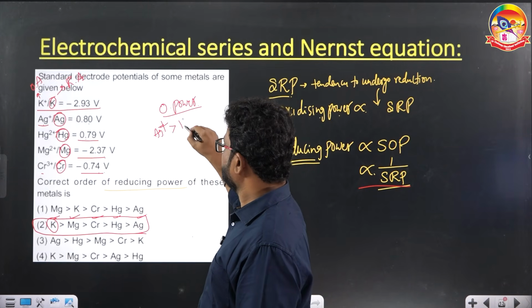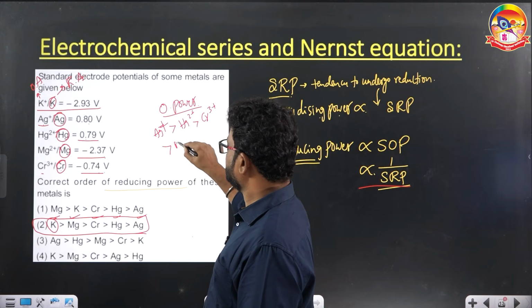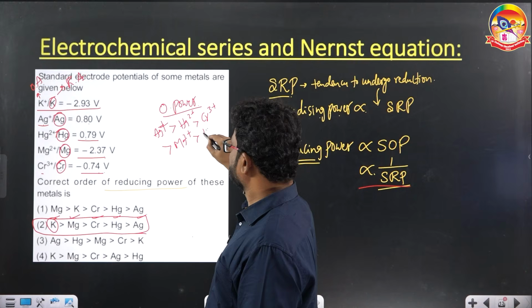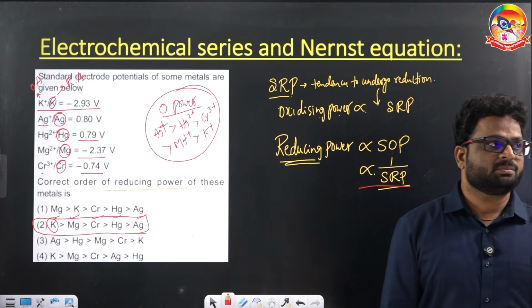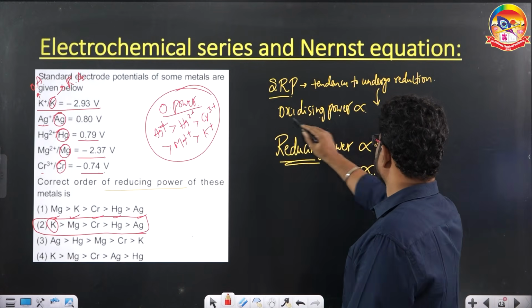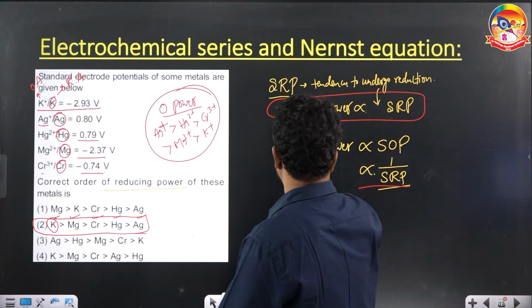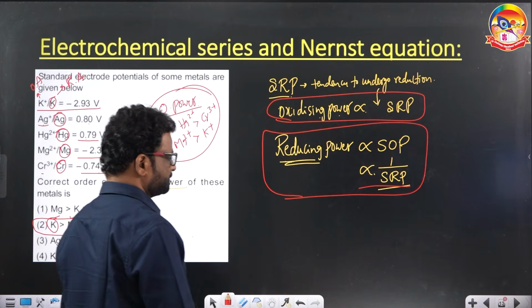Ag+ greater than Hg2+ greater than Cr3+ greater than Mg2+ greater than K+. This would be the oxidizing power order. Based on this relation, you will be able to identify which is a better oxidizing agent and which is a better reducing agent.